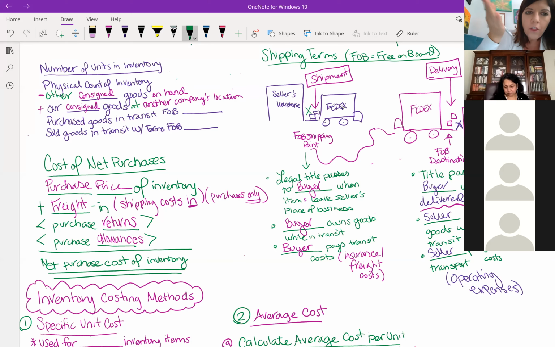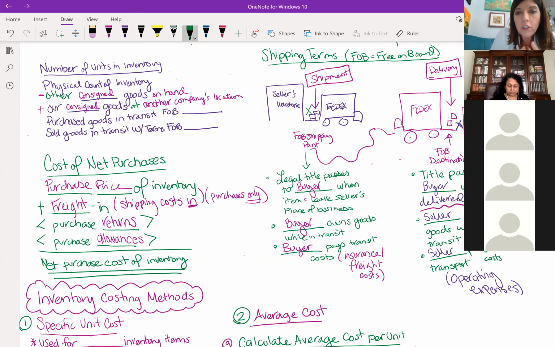So when we're thinking about the number of units that we actually own of inventory at period end, and we're using these shipping terms, purchased goods in transit, FOB, what needs to be added? These are goods that we've purchased. We're the purchasing company. We're buying inventory.